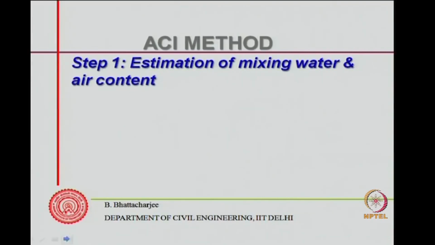Although I am writing this as step 1, if you look at the ACI 211 report, step 1 is the determination of slump, and step 2 is the determination of maximum size of aggregate. These two are similar to the earlier method.